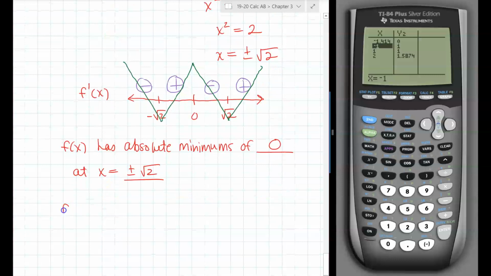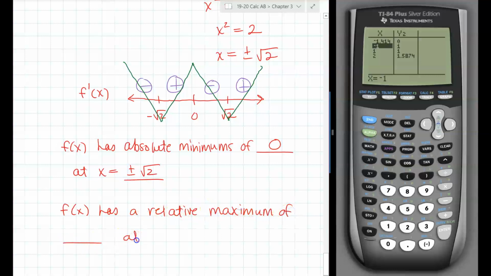And then f of x has a relative maximum of something at x equal to 0. Let's figure out what happens at 0. 1.587, so I'm going to put 1.587.